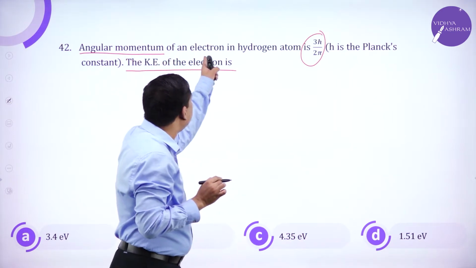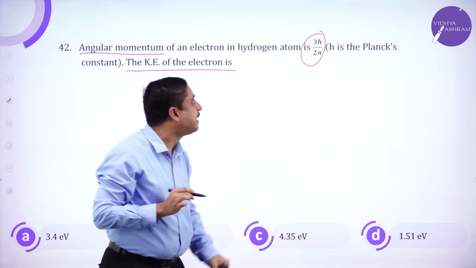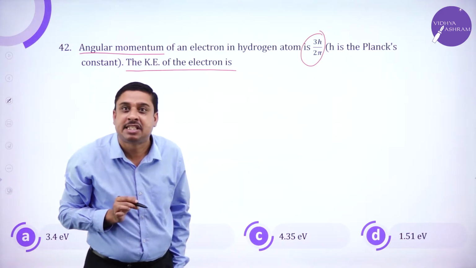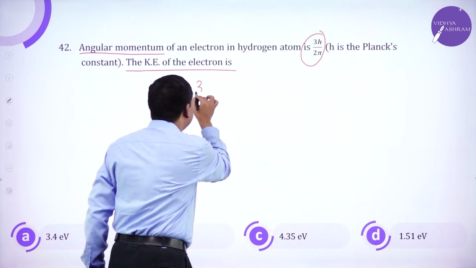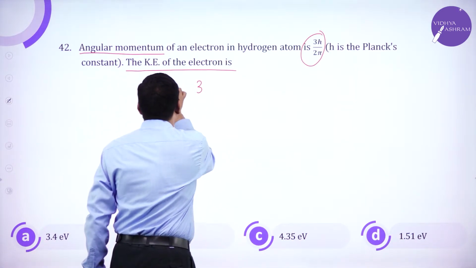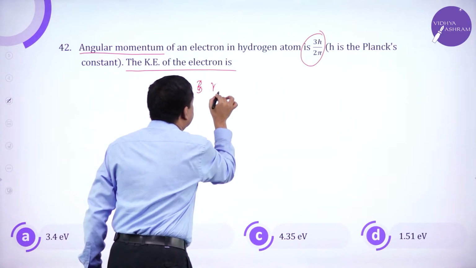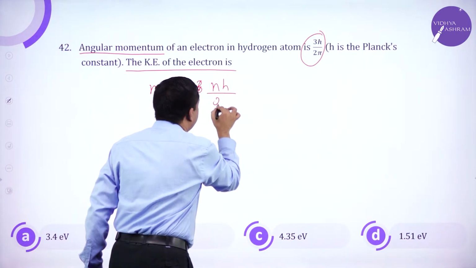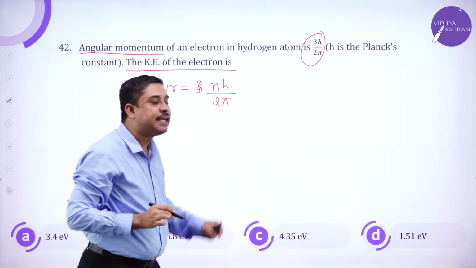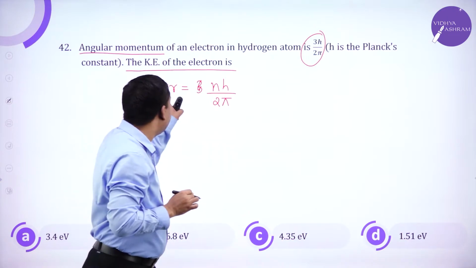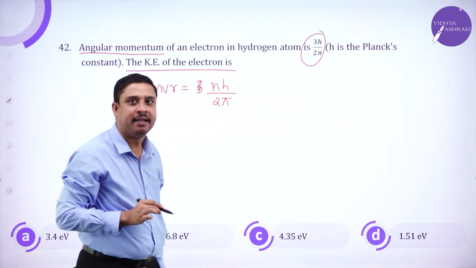So we know from the quantization rule, mvr equals nh by 2 pi. This is Bohr's quantization principle. Angular momentum is nh by 2 pi.